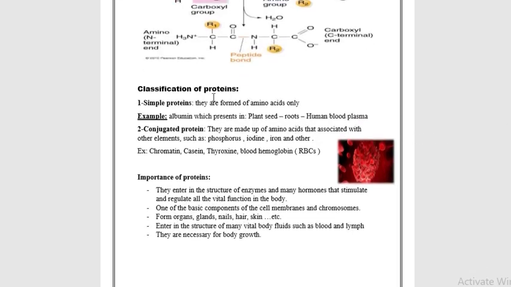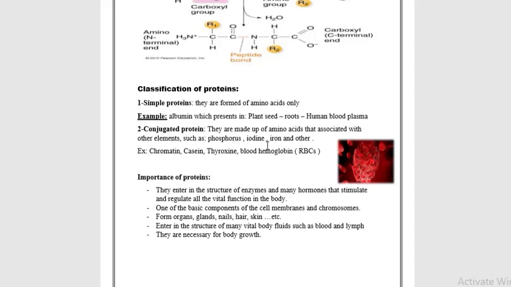So what is the classification of protein? Simple protein, which is formed from amino acids only, like albumin, which is present in plant cell roots and in the plasma of human blood, or conjugated protein.